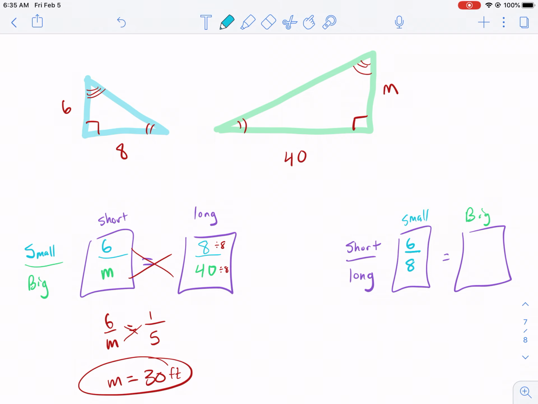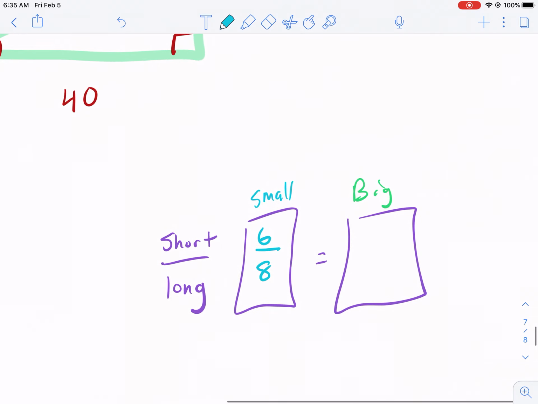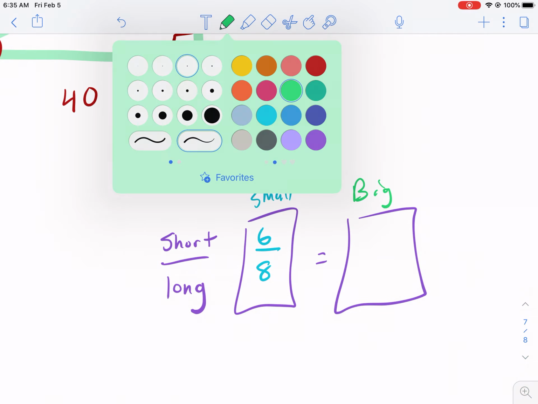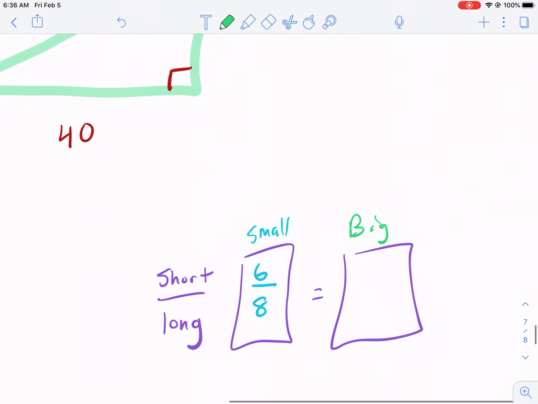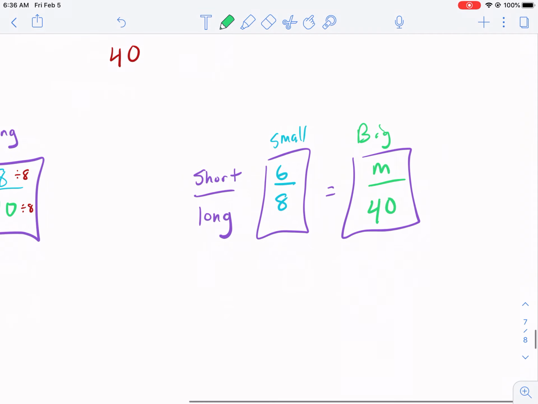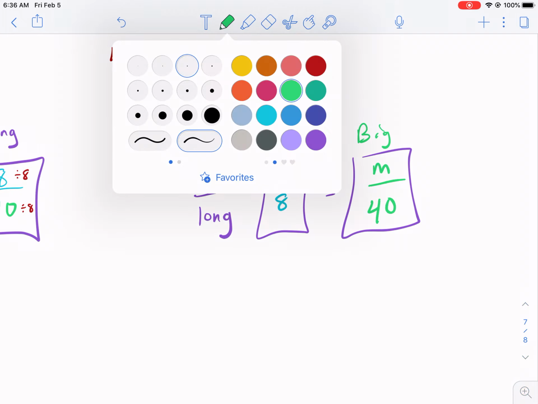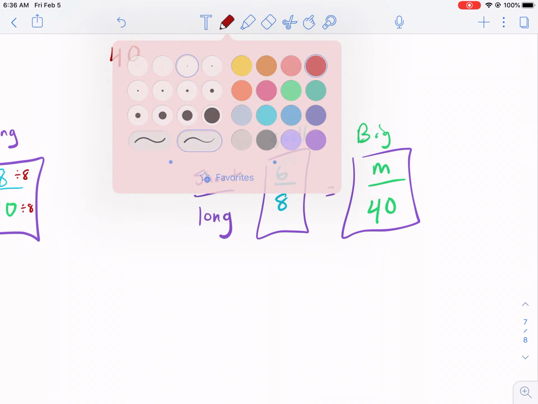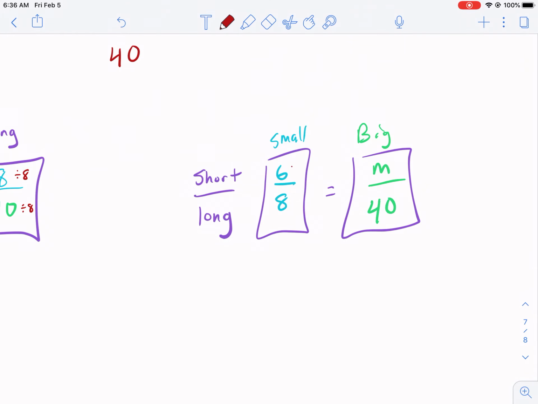And if we compare short to long of the small on the left, we've got to compare short to long of the big triangle on the right. So we go, m is the short, 40 is the long. Okay, you're now thinking, oh man, this isn't the same. What are you talking about? We have different fractions, but we can reduce still. We can divide the top and bottom by 2, and we get 3 over 4 equals m over 40.